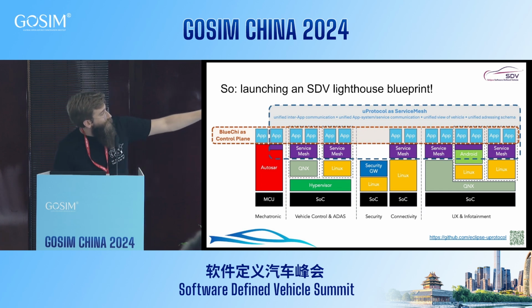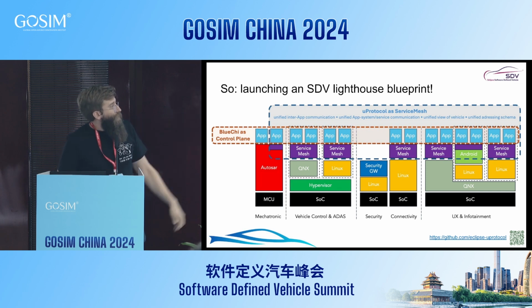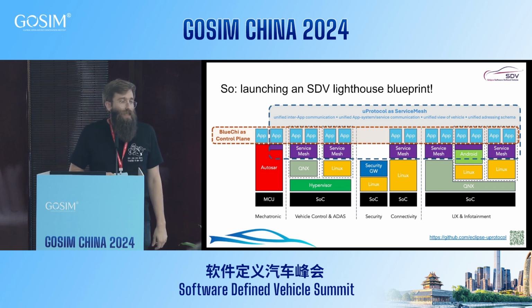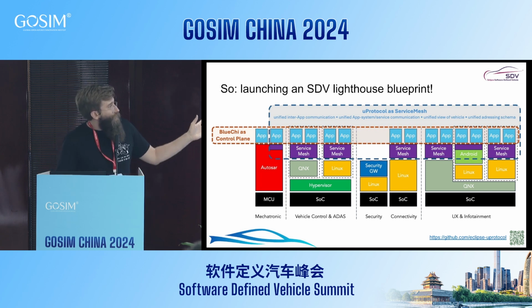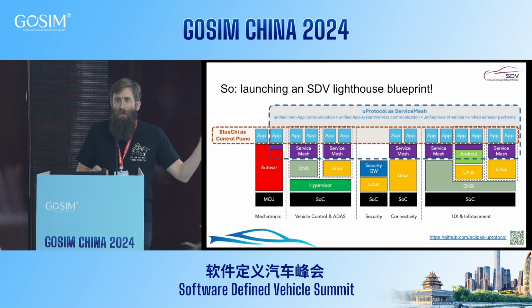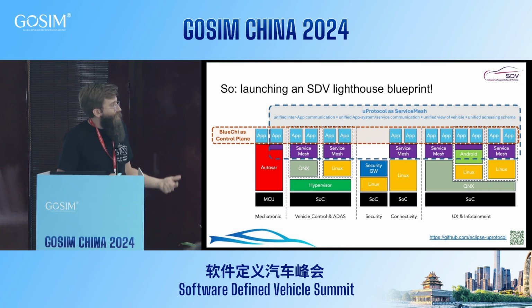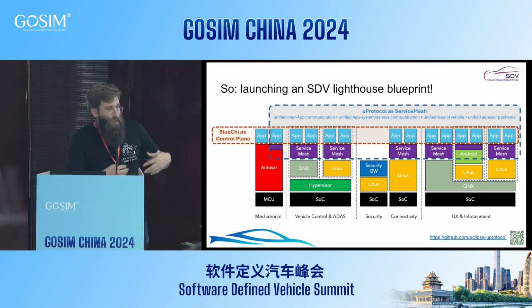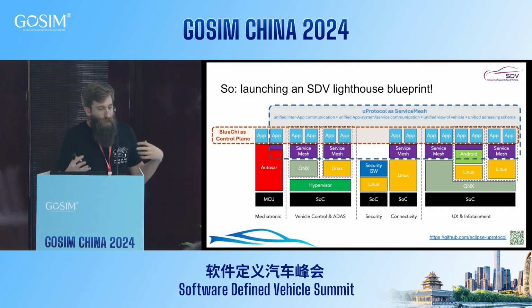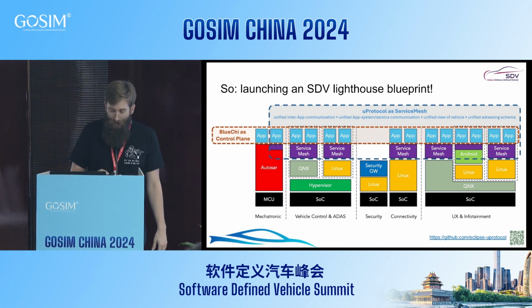So uProtocol is one component of this, which is the service mesh, BlueChi as the control plane, and then, not shown on here, another Eclipse SDV project for another piece of the stack. This was approved, I think, as a blueprint maybe a week or two ago. So work has now begun by folks at Bosch and ETAS to really drive this and prove that we can take these building blocks and build it out.